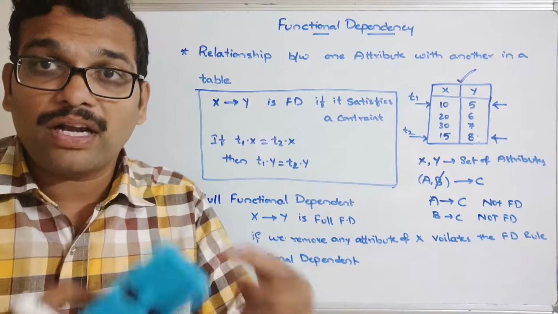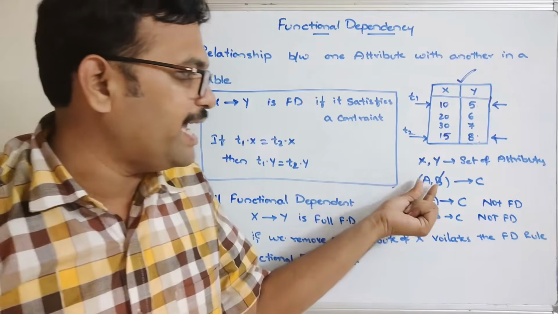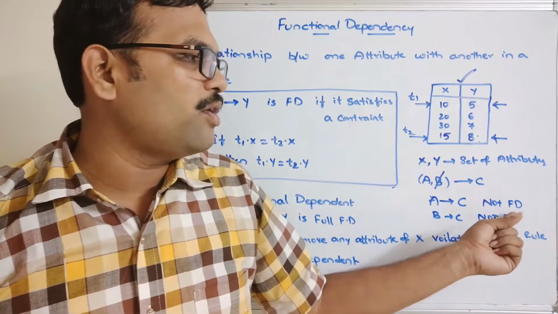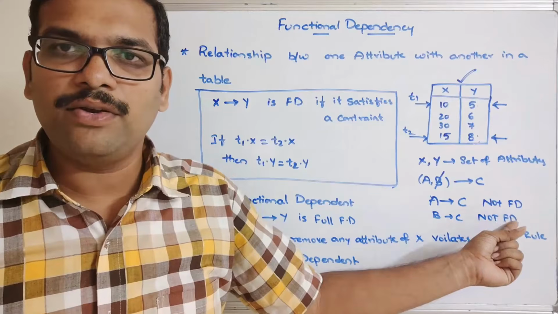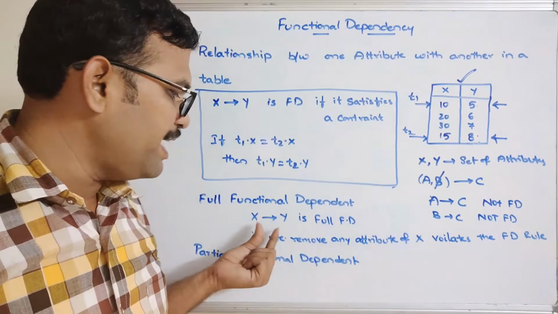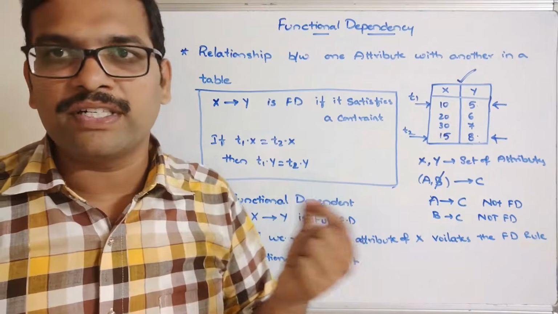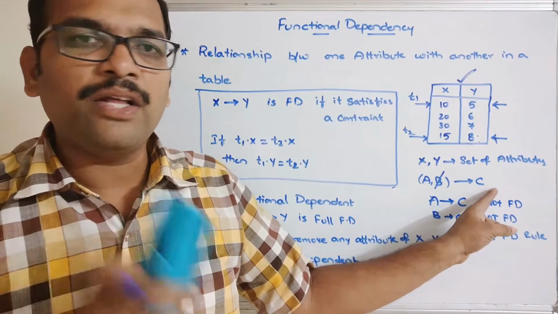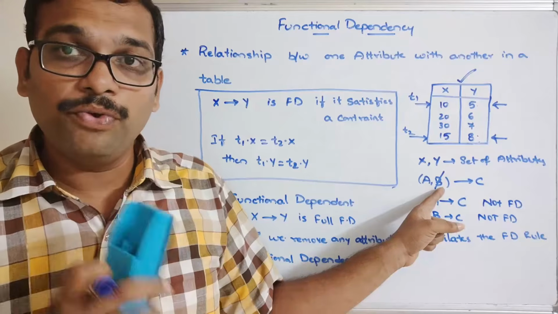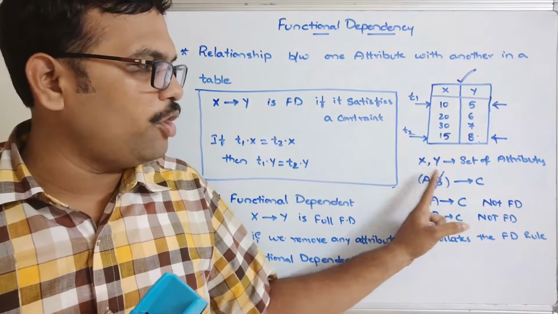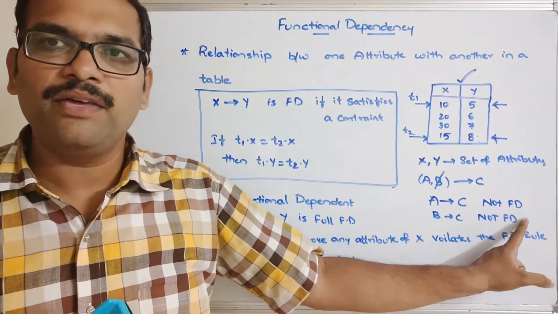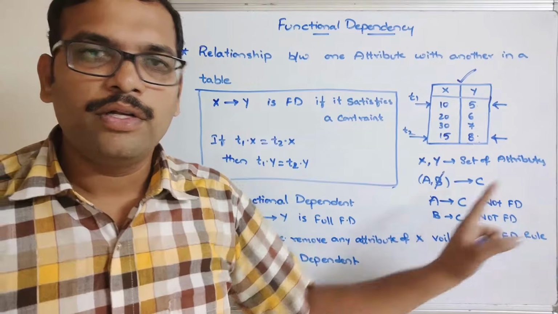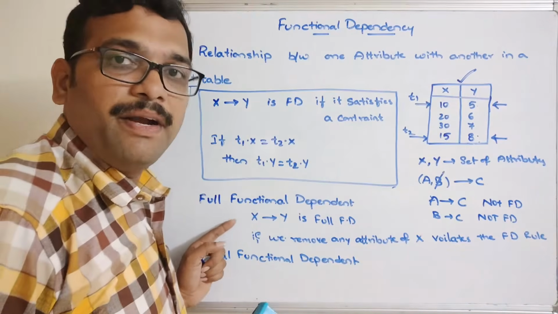So even if you remove one attribute from x, it still doesn't obey the functional dependency rule, which implies this x tends to y is a full functional dependency. That means we can determine C only by the combination of A and B. If you remove either B or A, it doesn't obey the functional dependency rule. So this is called a fully functional dependency.